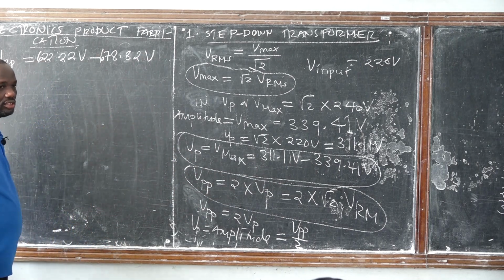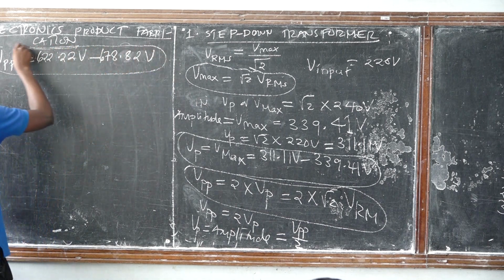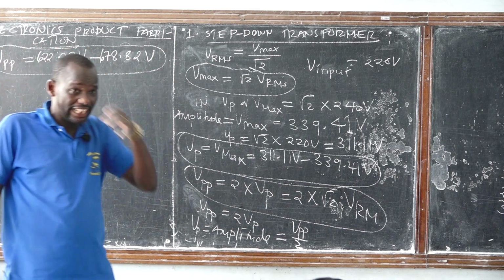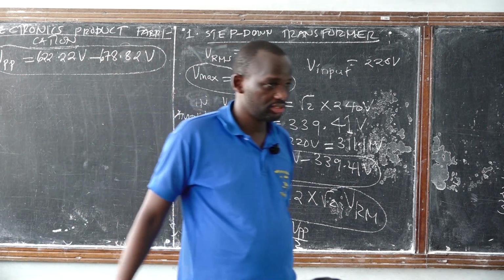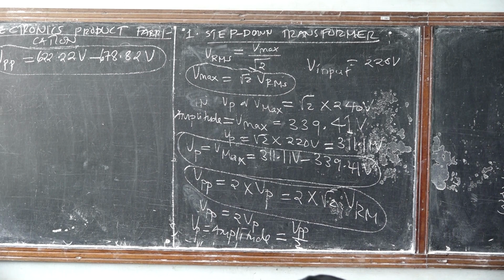So this actually gives you a clear understanding of these concepts. Whenever you've been given V maximum, or root mean square voltage, or V peak to peak, you can deal with it and find what you are asked to find.